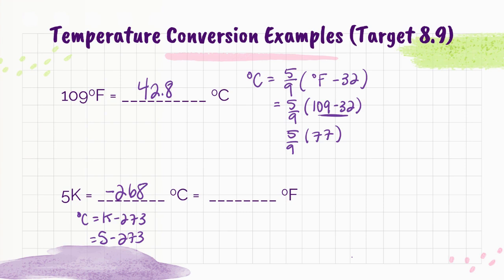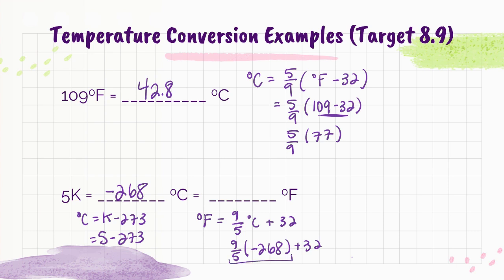Okay, so now that we have Celsius, let's convert that to Fahrenheit. So we're going to want to use our Fahrenheit formula. That'd be 9/5 times degrees Celsius plus 32. So now we don't have to worry about parentheses. We'll have 9/5 times my degrees Celsius, which I just calculated, negative 268, plus 32.